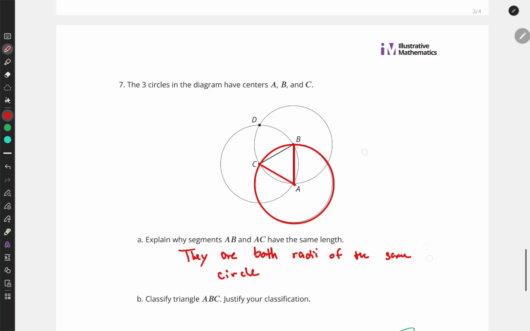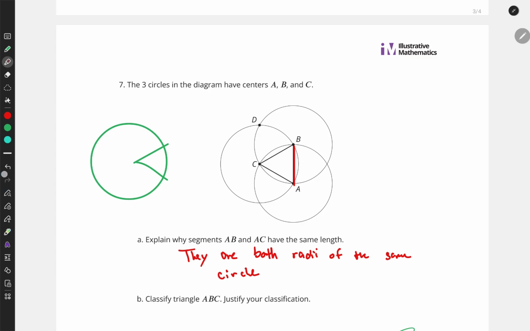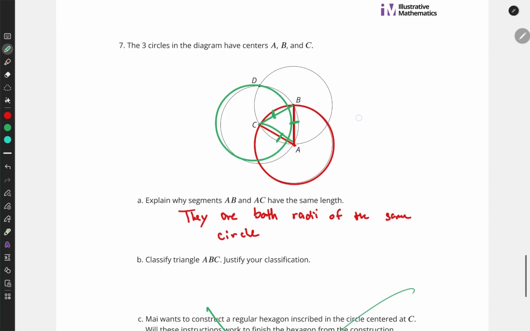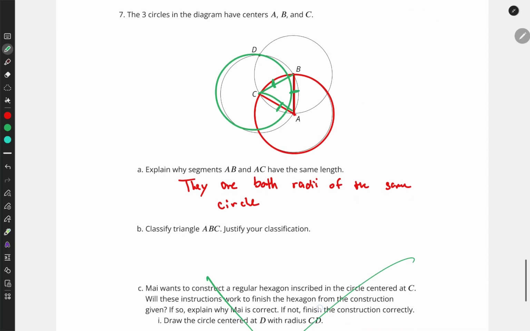Well, if you look at B, if you look at C now, let's actually, I wonder if I can do this. This might be a little messy. Well, I'm going to create circle C now. BC and BA are also radii of the green circle, right? So if these two were congruent, then these are also congruent, and all three congruent sides in a triangle make this an equilateral triangle.